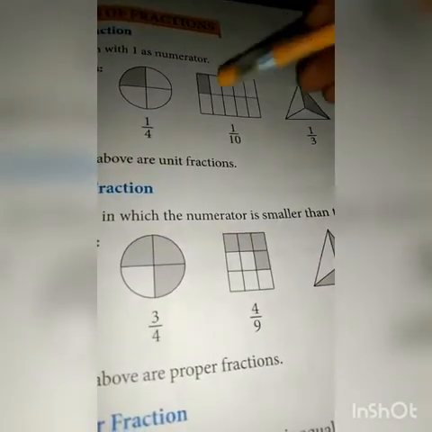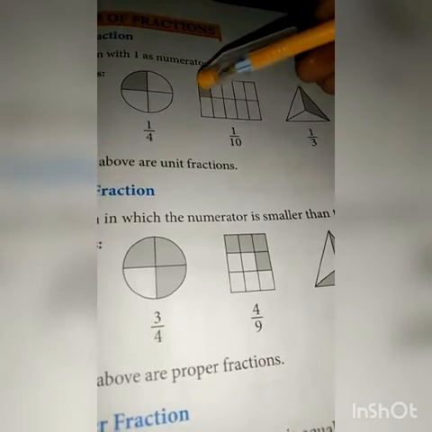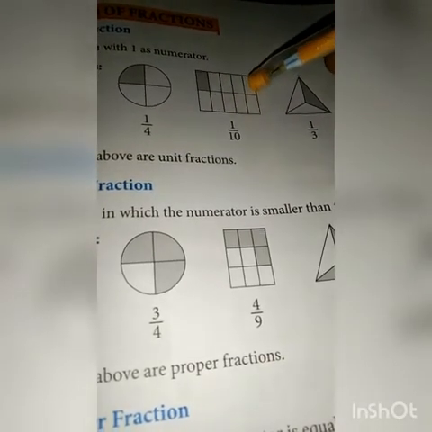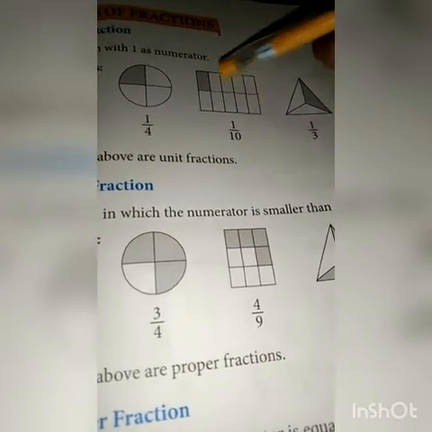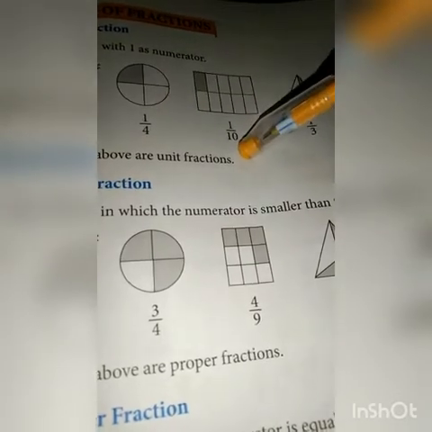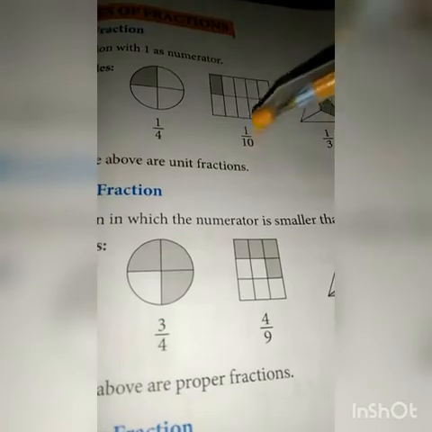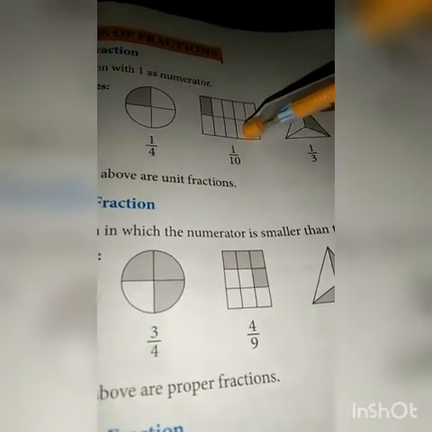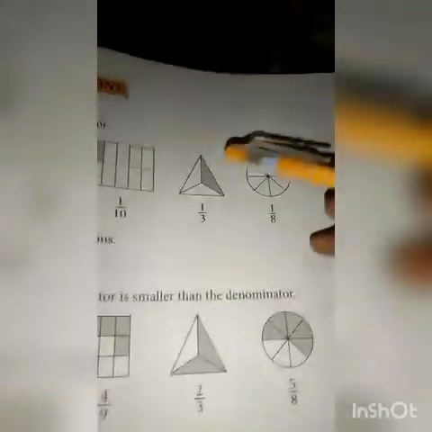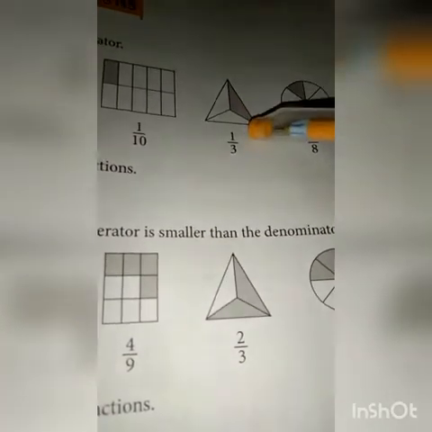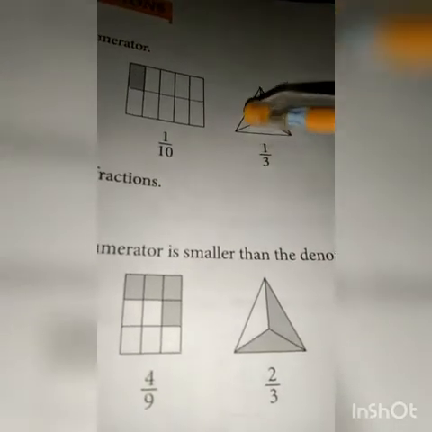Next diagram, you can count the figure: 1, 2, 3, 4, 5, and 5 is 10. The total parts are 10 as it is written here, and 1 is shaded. So 1 upon 10 is the second fraction. Third is a triangle. Here 3 parts are made and 1 is shaded.